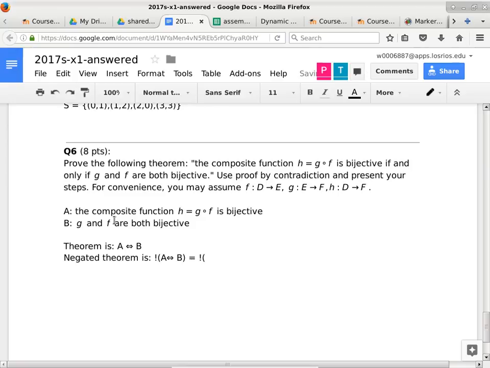A if and only if B is also known as equivalent to, can we break it down into smaller components? What is the definition of the double-sided arrow? A implies B and B implies A. Yep, very good. So we have A implies B and B implies A.